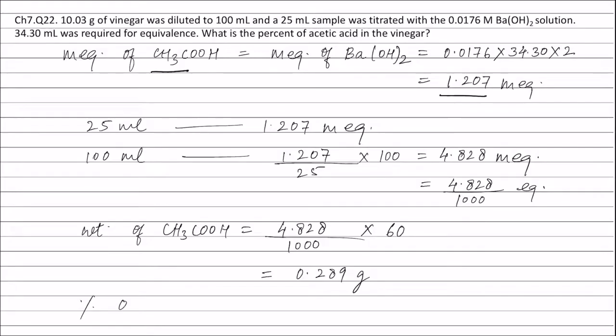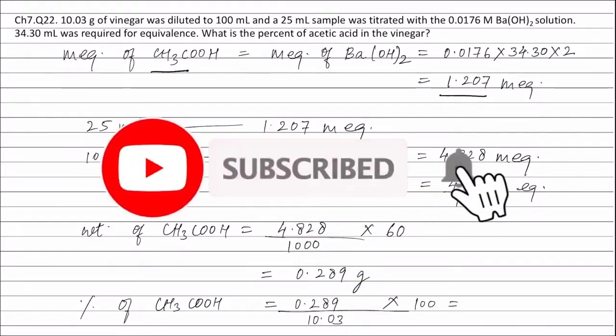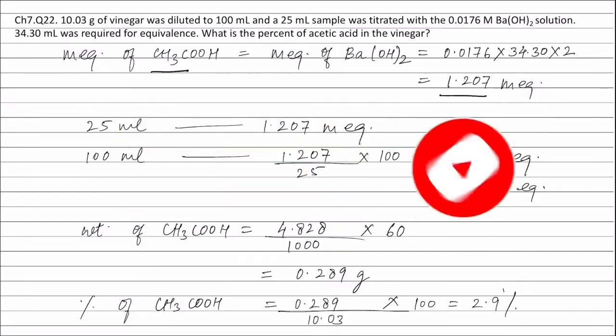Therefore, percentage of acetic acid is equal to weight of acetic acid, that is 0.289 gram, divided by weight of vinegar, that is 10.03 grams, into 100, and this is equal to 2.9%.